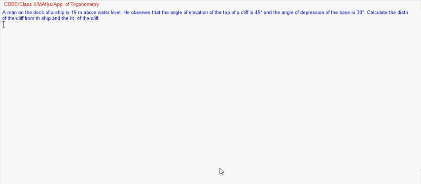That means what? Let me just draw the figure. There is a man on the deck of the ship. This is the water level, and this is the man, which is 16 meters above the water level.